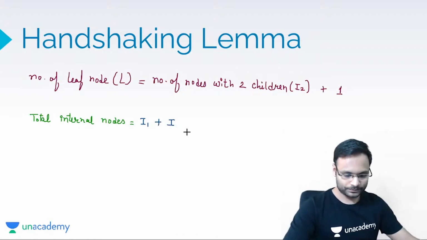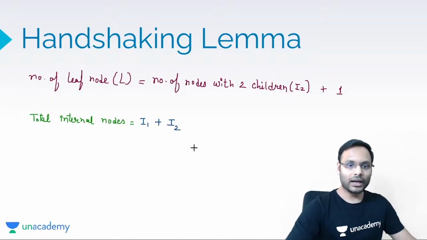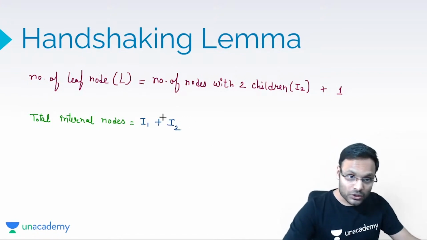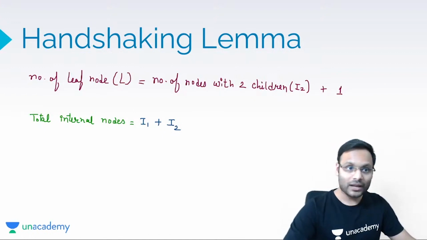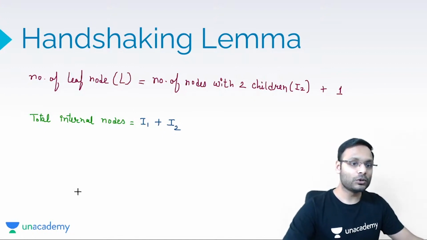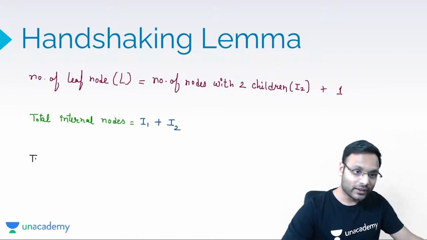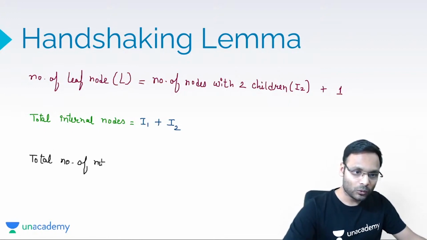Good, Sabha. Right? Now, total internal nodes are these. Total external nodes are these. Total number of nodes we have just calculated. Total number of nodes is equal to total number of leaf nodes plus total number of internal nodes.